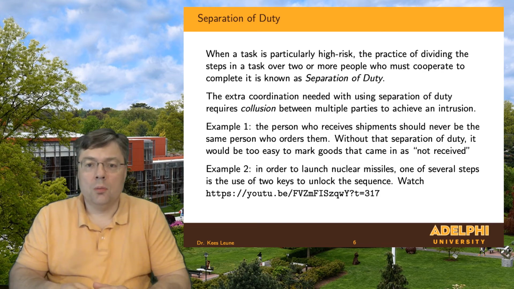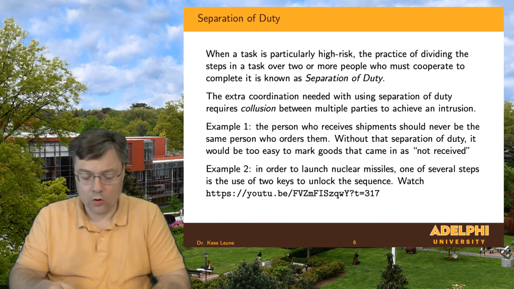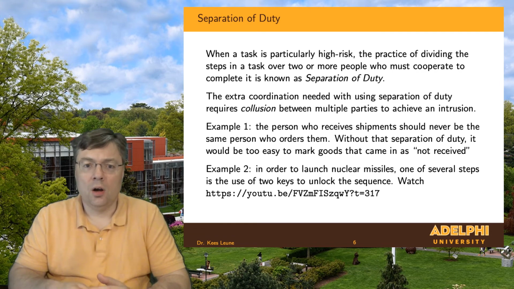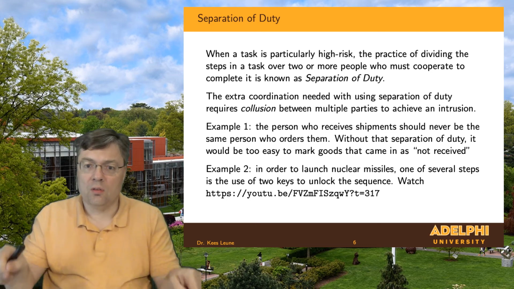A more traditional approach, looking back at a wartime scenario, is if you're going to be launching nuclear missiles, the impact of an accidentally launched nuclear missile is pretty large. So you want to avoid that as much as you can. And back then, what they often did was create a situation where 2 physical keys were required to launch the missile. Those keys would have to be inserted into the key slots.